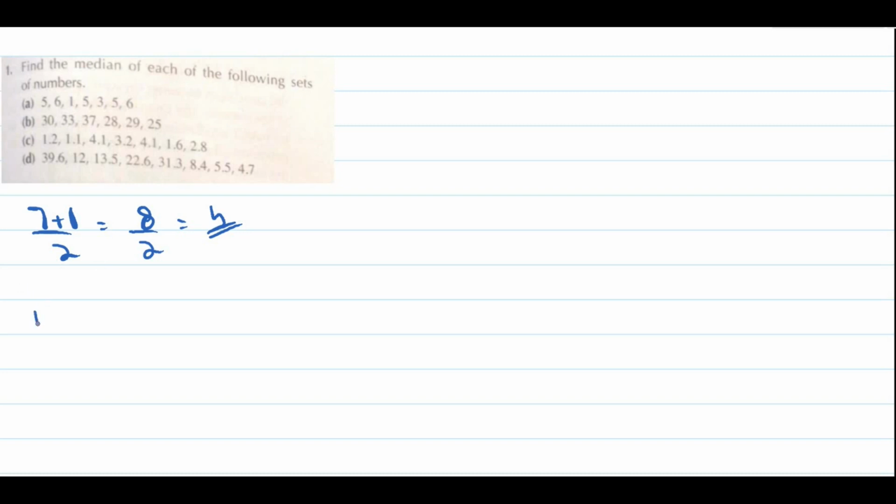So the data would be 1, 3, 5, 6, 6. Now once you have arranged the data, find the fourth number. Which is the fourth number? This is 1, 2, 3 and this is 4th. So the median in this case would be 5.